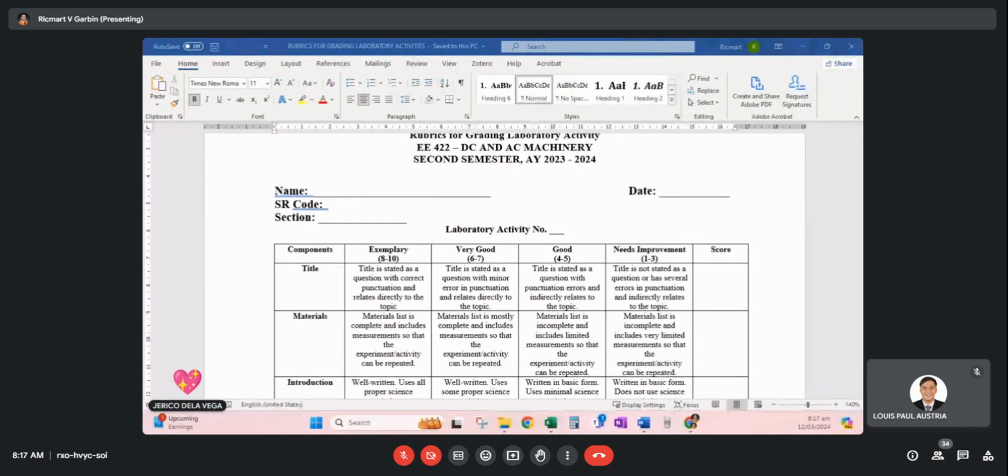So, April 4, sa Thursday na tayo ay face-to-face, edi doon nyo isasabit ang inyong mga laboratory activities para may time pa kayo para magawa. So, I think from today until April 4 naman is sufficient enough for you to write your paper.